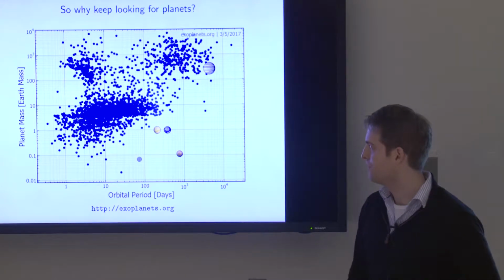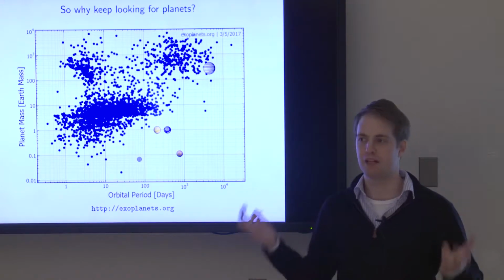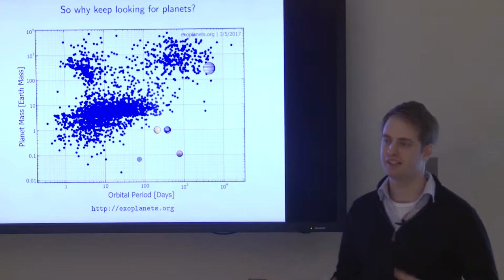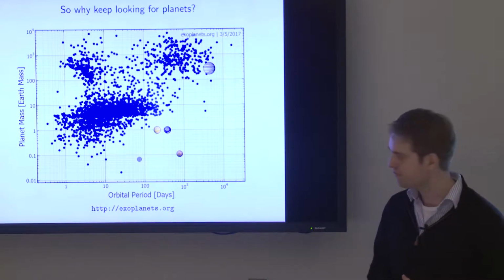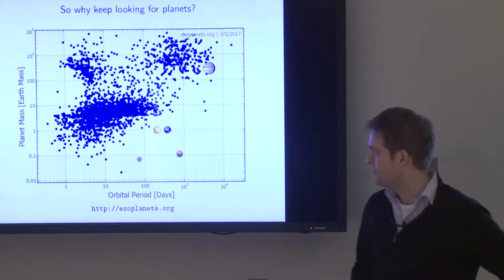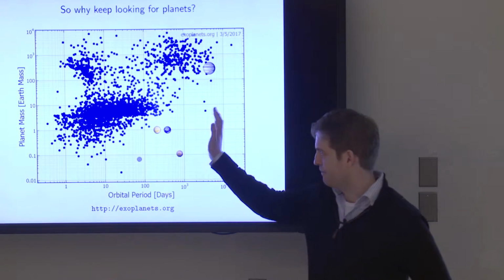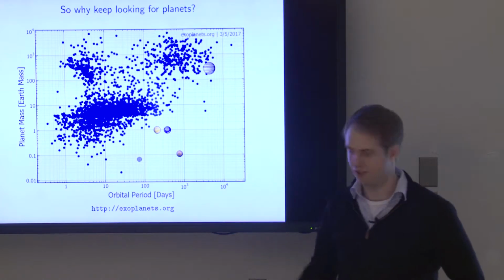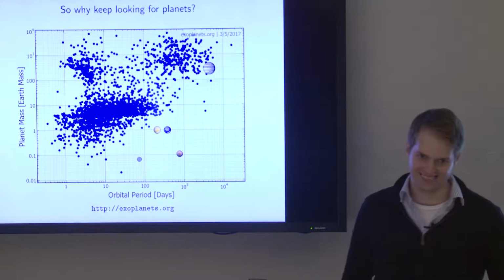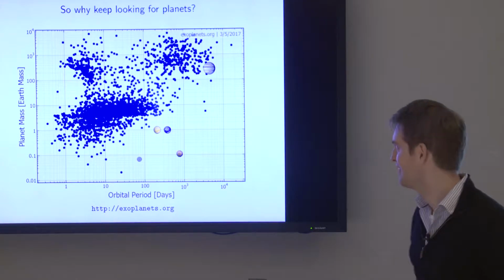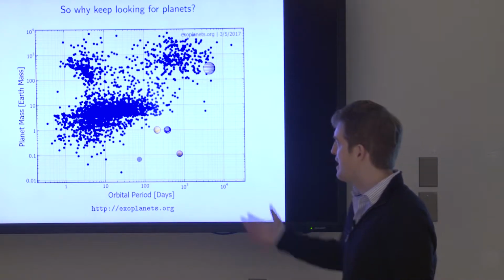So people are interested in studying the population of planets: how many Earth-like planets, how many Jupiter-like planets, and so on. In order to do that, we need to get better at detecting this type of planet, assuming there are other Earth-sized planets, which we imagine there are.